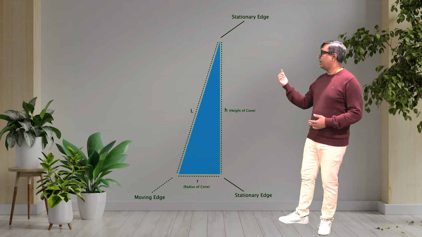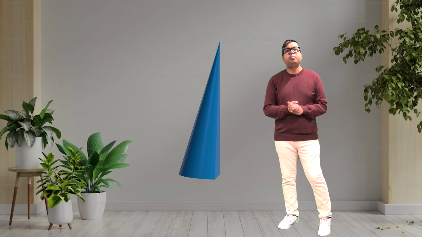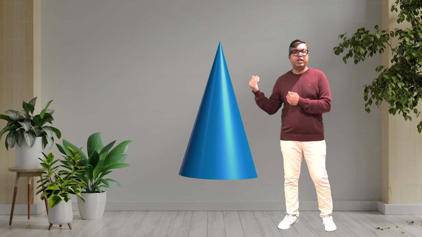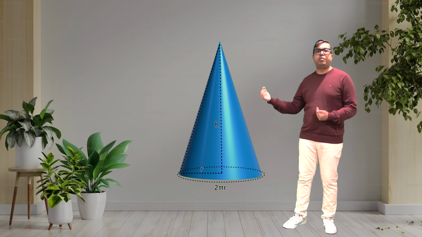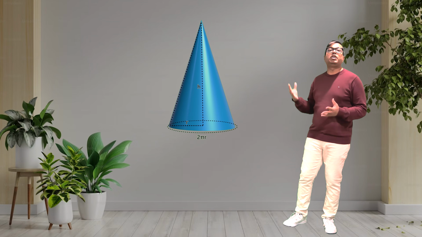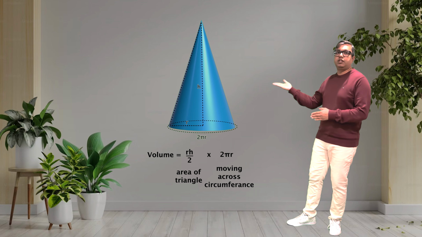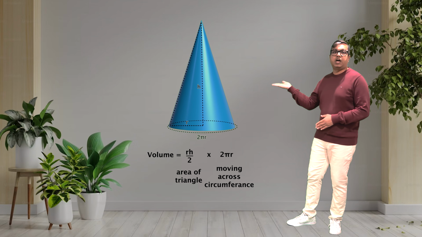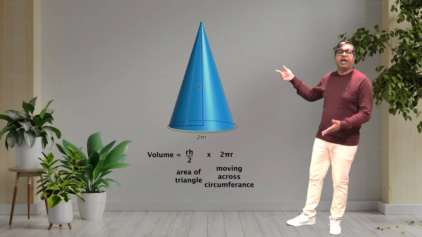Now, it gets slightly tricky when we are trying to calculate the volume of a cone. In a cone, you can visualize a triangle rotating 360 degrees to form the volume of a cone. The area of a triangle moving across 2 pi r at the bottom is making the volume of a cone. Now, in this case, the base of the triangle is the radius r, and the height of the triangle is the height of the cone, h.